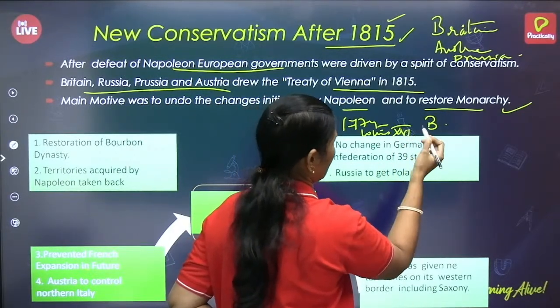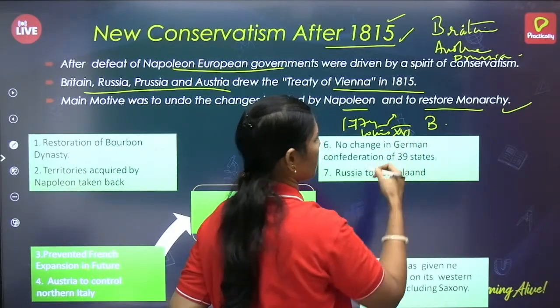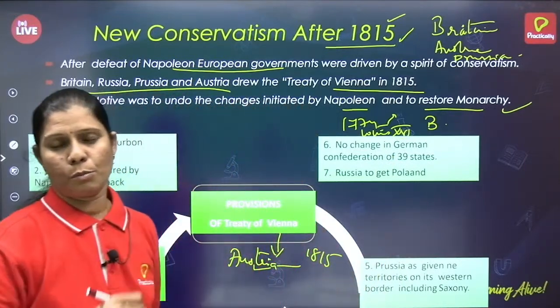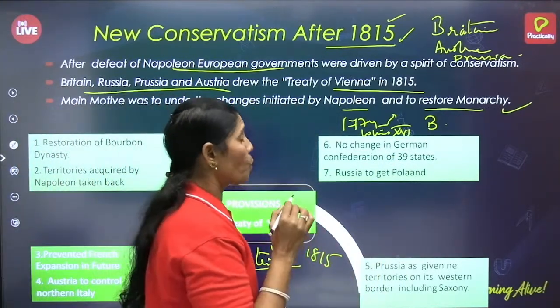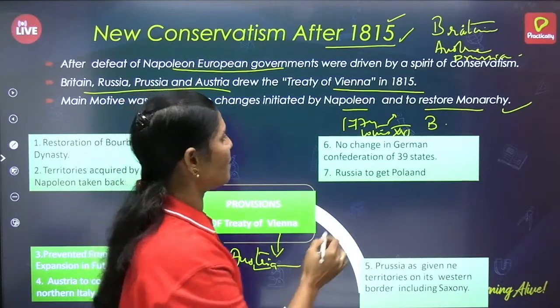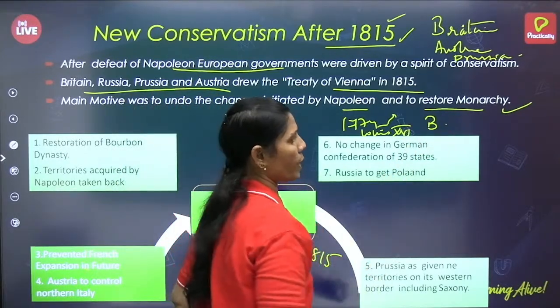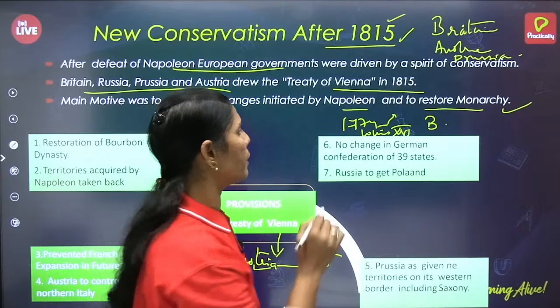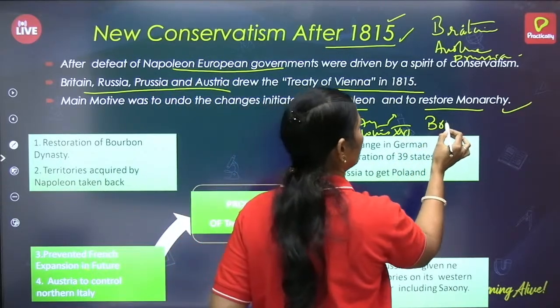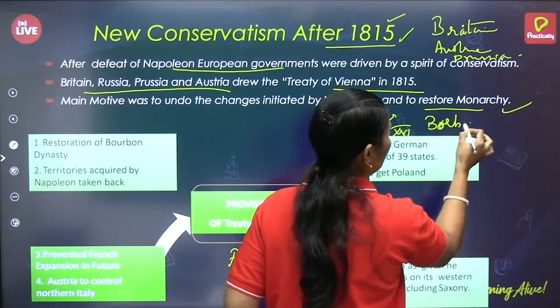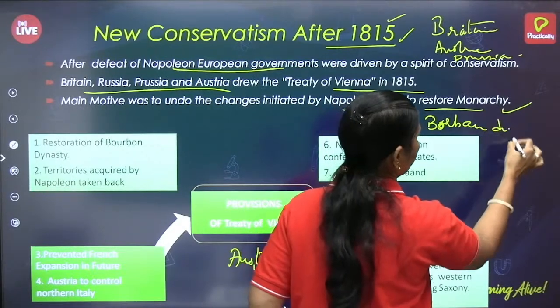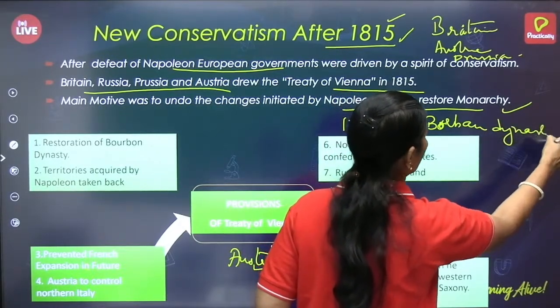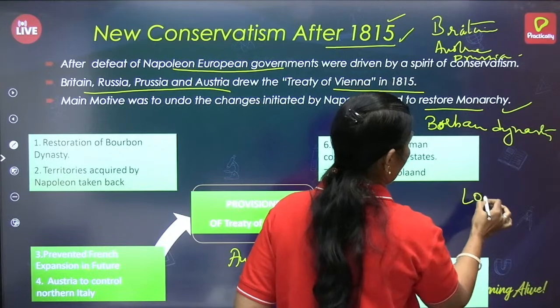So after him, Robespierre, after that Napoleon Bonaparte. After Napoleon Bonaparte was defeated, the Bourbon dynasty was restored through a Bourbon family member. The person's name is Louis XVIII.